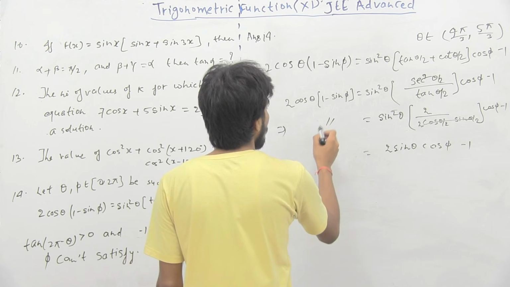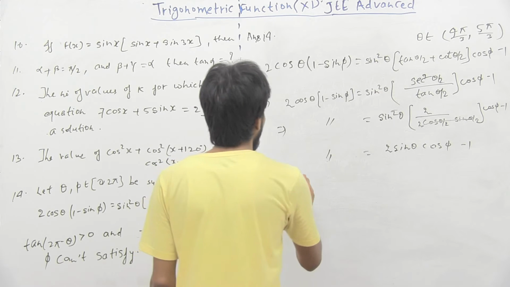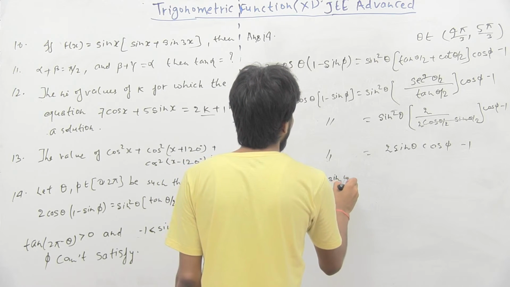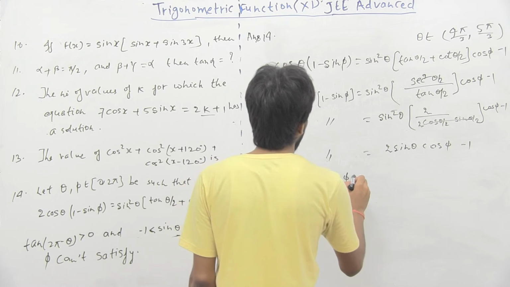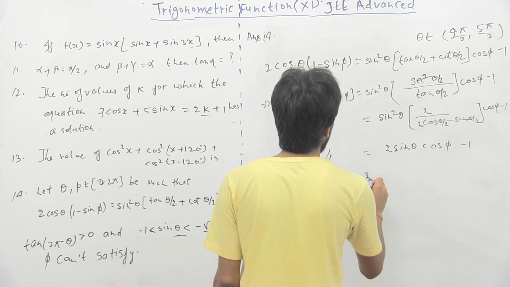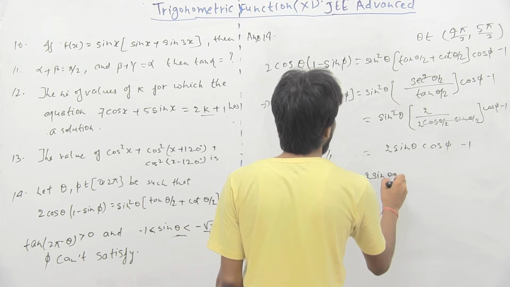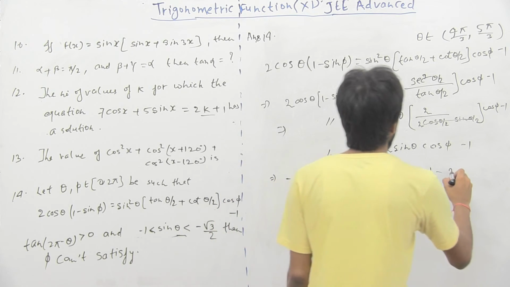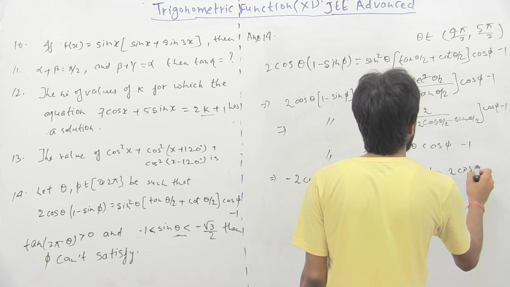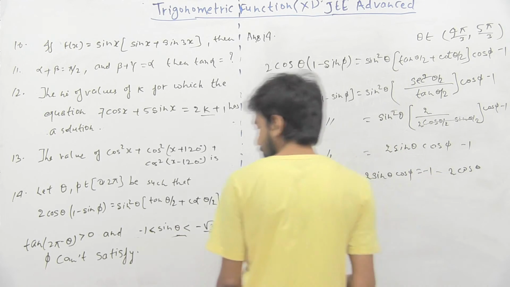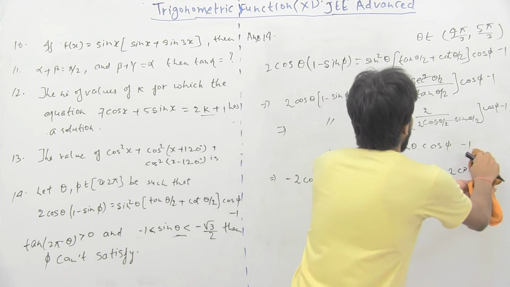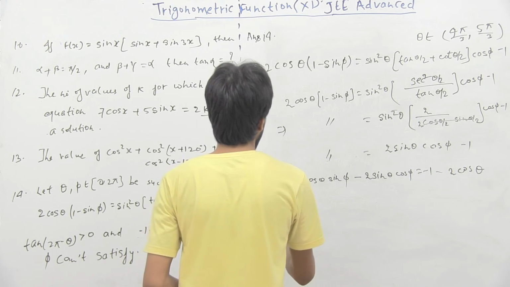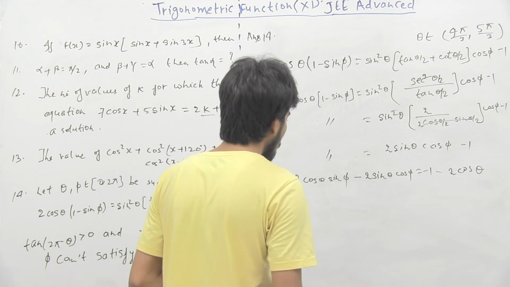Now 2 cos θ sin φ minus 2 sin θ cos φ equal to minus 1 minus 2 cos θ. Okay.